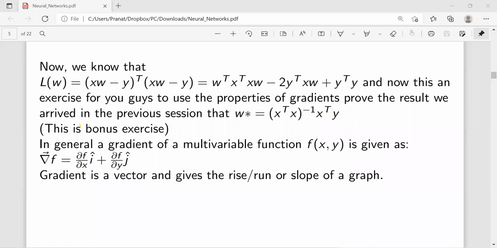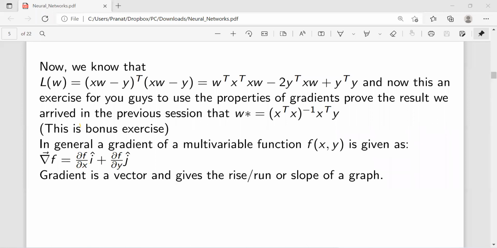So a gradient, like I said, is given as this, and if f depends on, let's say, z as well, then there's a k cap and so on, but here I've just written where f is a two-dimensional function. A gradient of a vector gives a rise over run or slope of the graph.